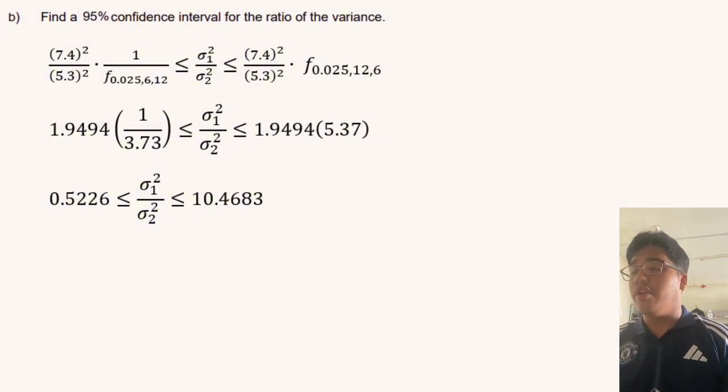After we substitute, we get 1.9494 times 1.1 over 3.73 less than or equal to variance of population 1 over variance of population 2 less than or equal to 1.9494 times 5.37. After that, we get the final answer, which is 0.5226 less than or equal to variance of population 1 over variance of population 2 less than or equal to 10.4683.